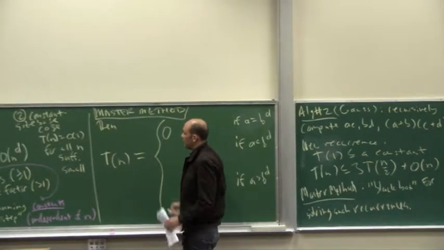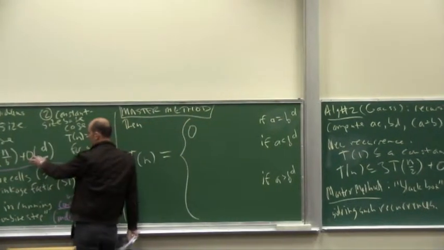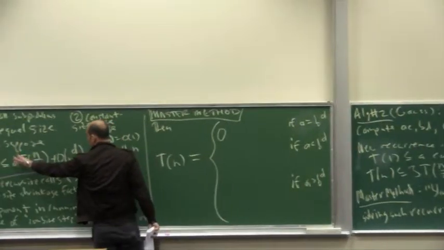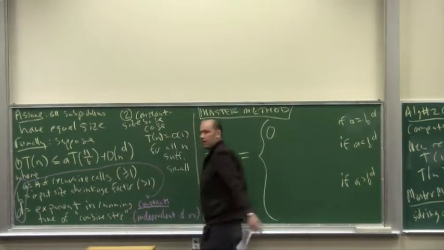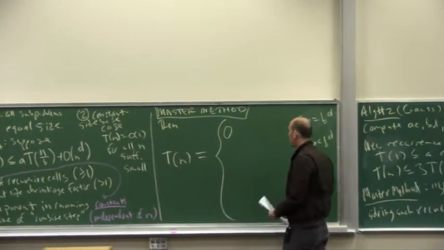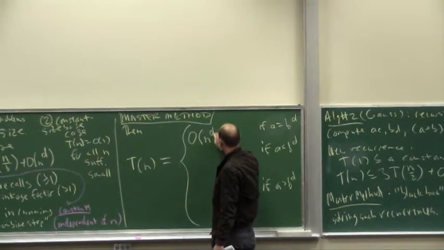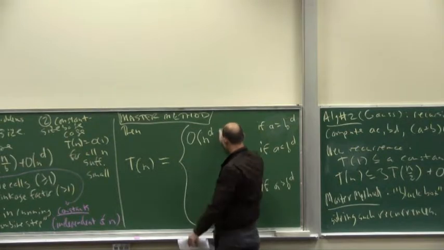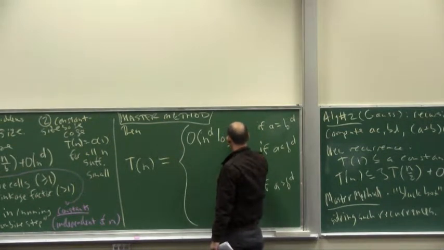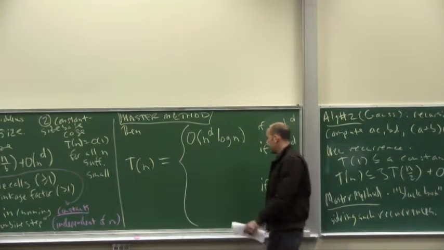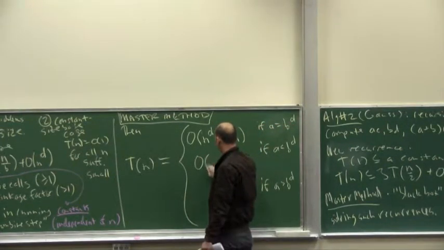In the first case, and again, remember we're told the recurrence is you do n to the d work outside of the recursive calls, and then you recurse a times on problems that are a factor b smaller than before. So in the first case, the running time is n to the d, same d as over there, log n. In the second case, the running time is simply n to the d.